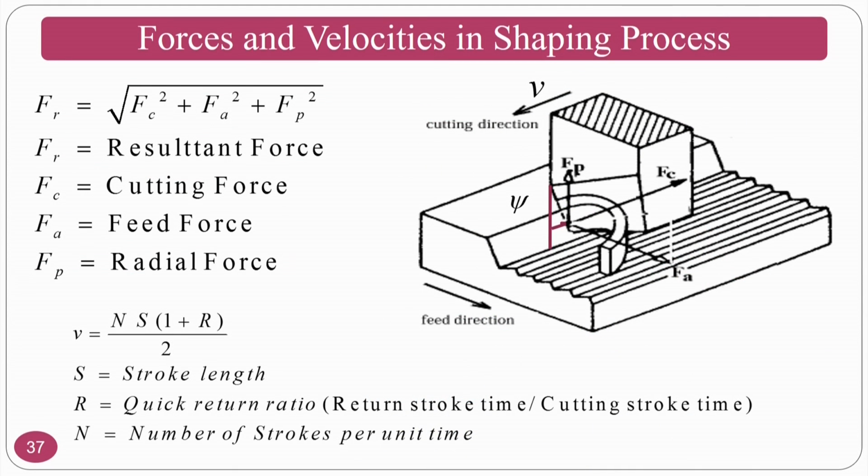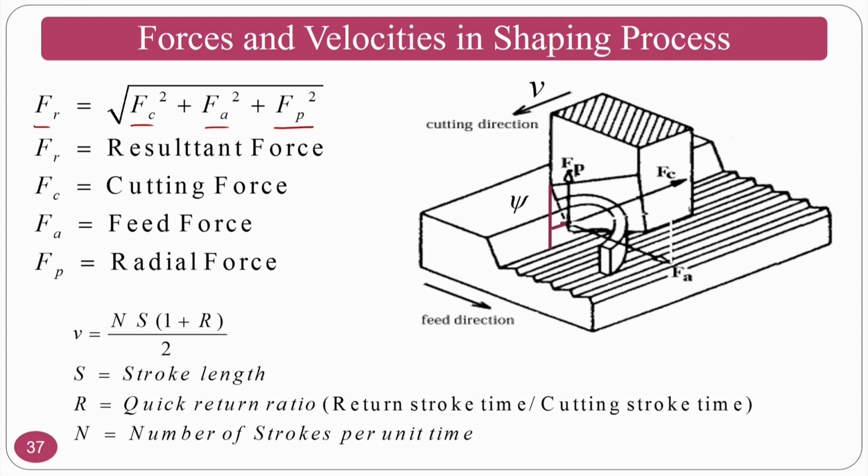There are three forces generated, called FC, FA and FP, which result in FR. In this shaping process, FR is the resultant force, FC is the cutting force, FA is the feed force, and FP is the radial force.